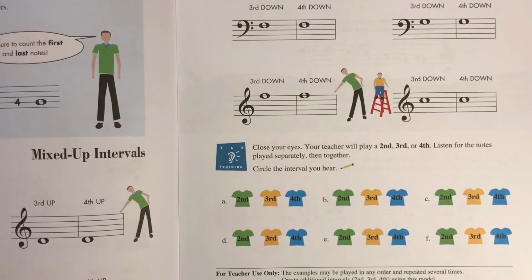Because I think by now you can probably sing it. And you can sing it using different words, C, D, E, F, G, or Do, Re, Mi, Fa, Sol. Those are all fine. And the interval of the second is Do, Re.